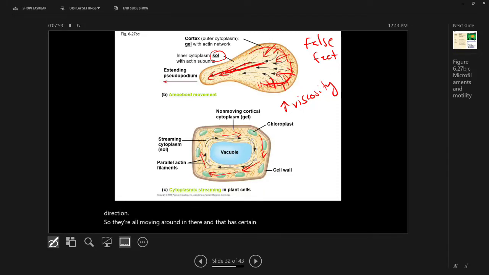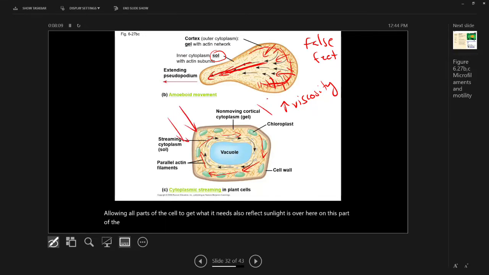If you think about it, that's actually a good thing because it distributes nutrients and energy, ATP and all of that business, all around the cell, allowing all parts of the cell to get what it needs. Also, if the sunlight is over here on this part of the plant and not over here, these chloroplasts all get a chance at the light by being able to move around all over the cell like this. So we call that cytoplasmic streaming.